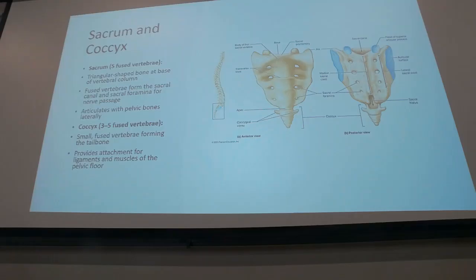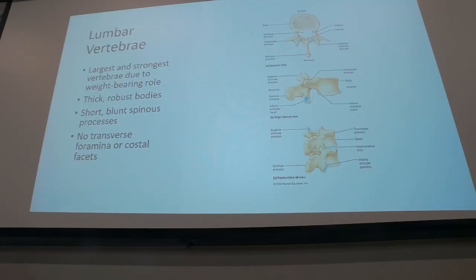Now, before we move into the next part, something that I forgot to mention, but I will mention again when we talk about the spinal cord, is that the spinal cord, guys, ends at the level of L2, lumbar vertebra 2.